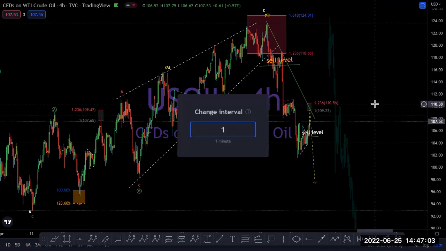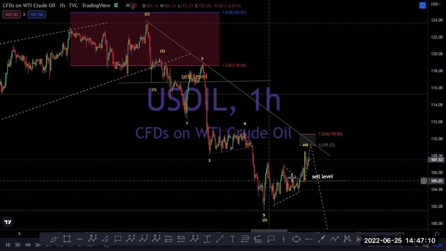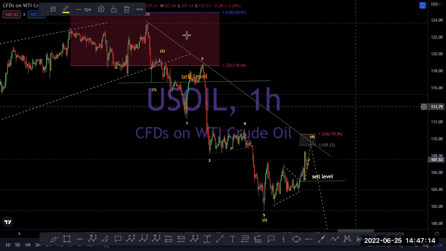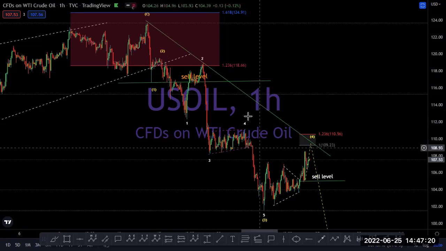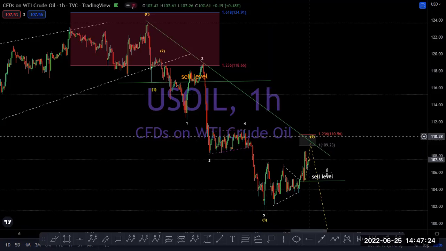So 4 hours, 1 hour can be more visible. On the 1 hour, we can see A, B, C, which is, if you count this drop, 1, 2, 1, 2, 3, 4, 5, which is 3. Then A, B, C, which is 4, then 5.